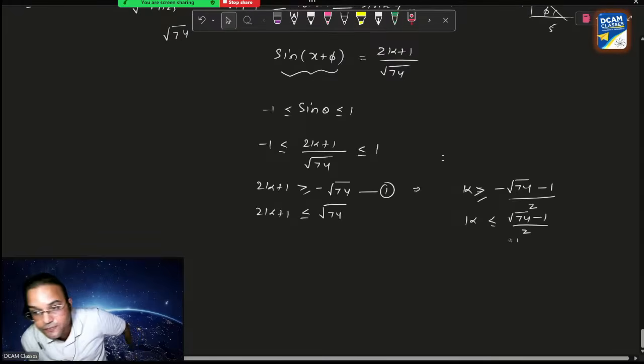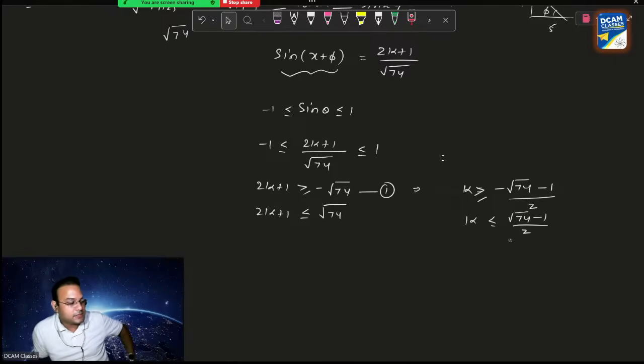Can anyone give me the value of root 74? Let me take the approximation.